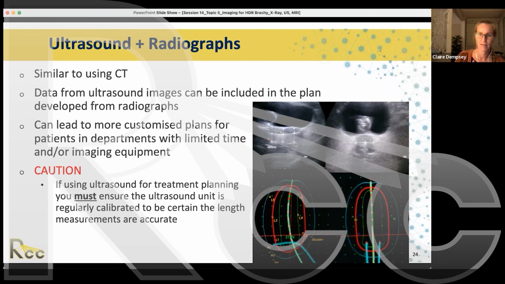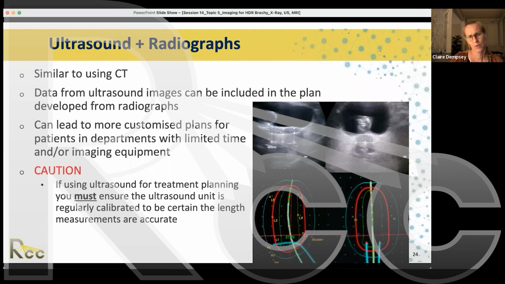Along your applicator, you can then put dose points in along the distances that you've measured using your ultrasound unit. So this will at least allow you to cover the high-risk CTV for an individual patient, maybe a little bit better than you would have otherwise. So it will still be very helpful.